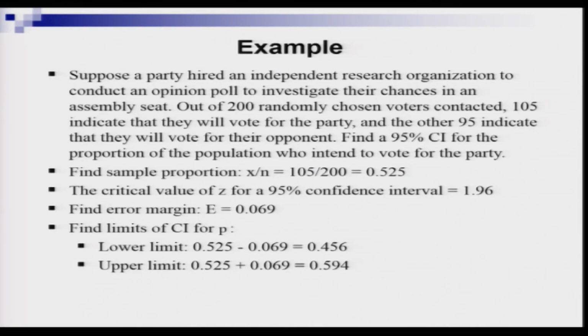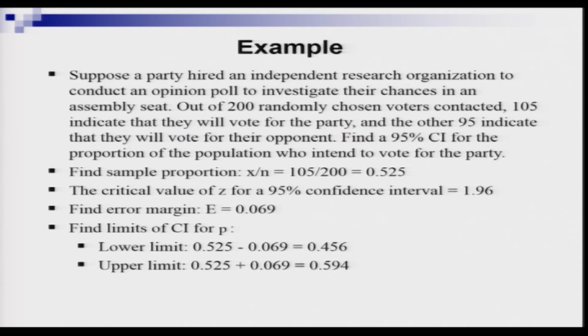Let us assume that there is a political party that is going to contest one assembly seat, and they want to know about their chances of winning that particular seat. So they have hired an independent research organization, which will conduct an opinion poll to investigate the party's chances in that seat.